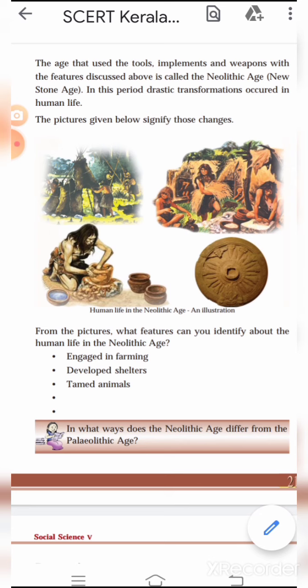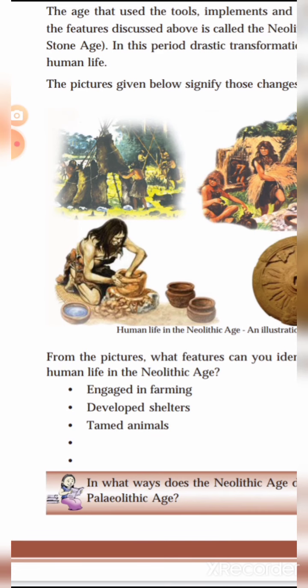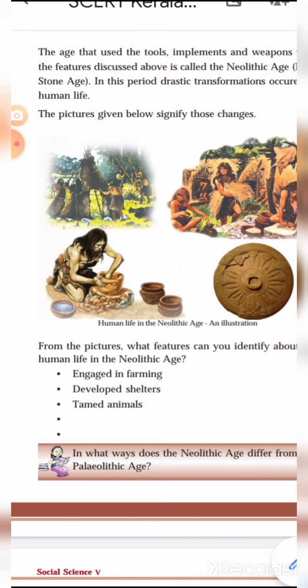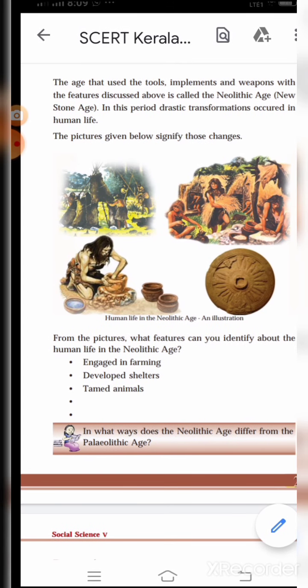They tamed animals. They began to make pots and equipment. And agriculture was developed. People engaged in farming, settled life, etc., are the major changes that happened in the Neolithic age. Okay.